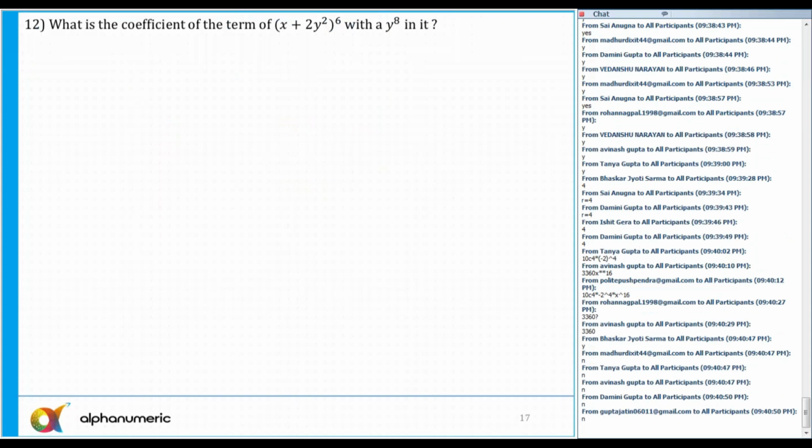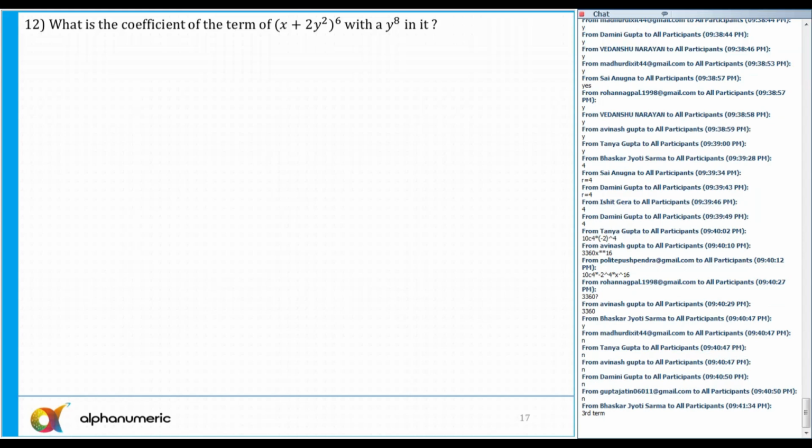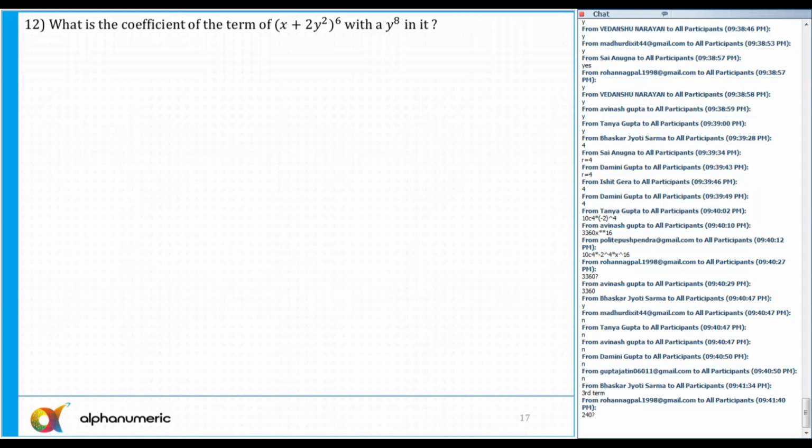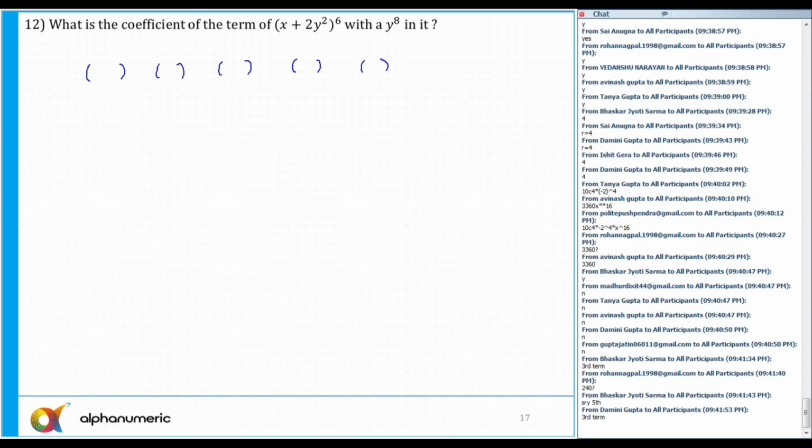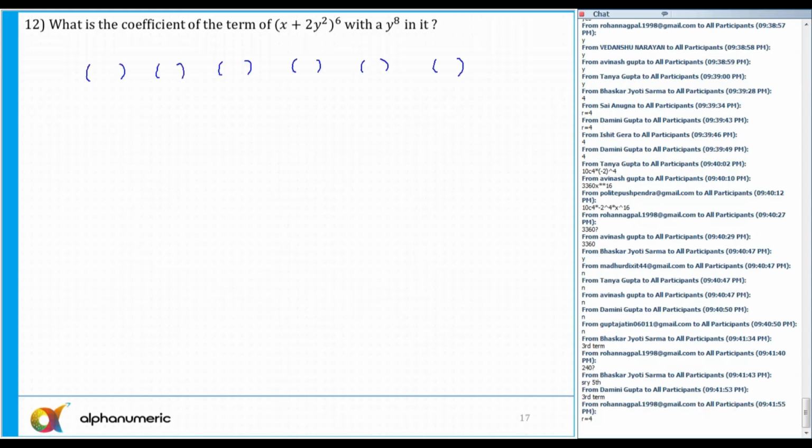So y raised to power 8, we need y raised to power 8. Yes, that's right. So I can think of it this way. There are 6 brackets. So 1, 2, 3, 4, 5, and 6. And if I need y raised to power 8, I need from 4 brackets 2y square.